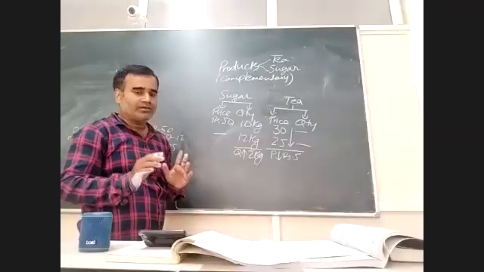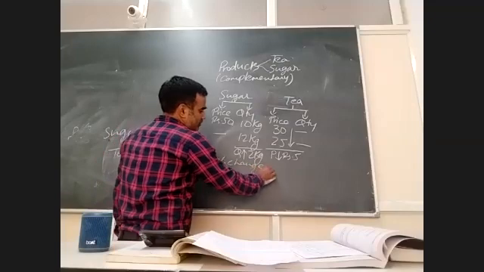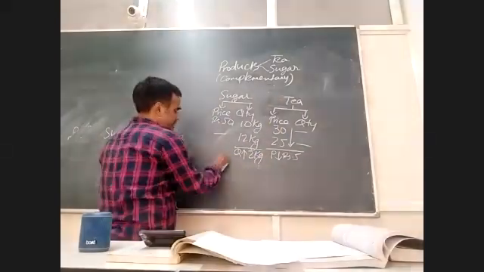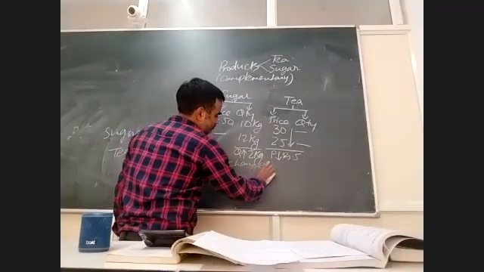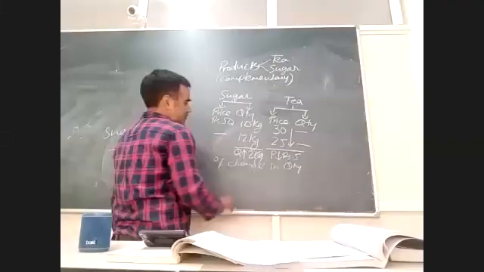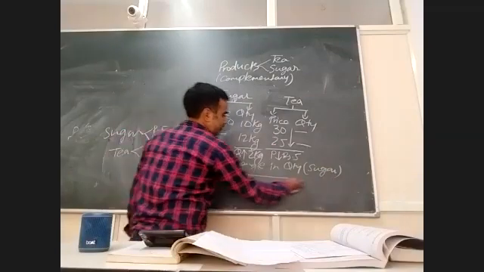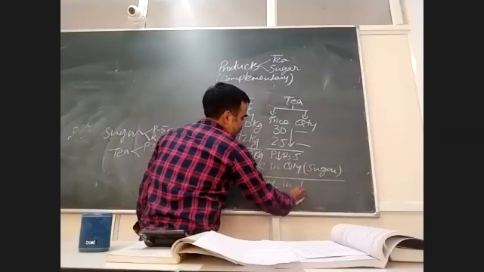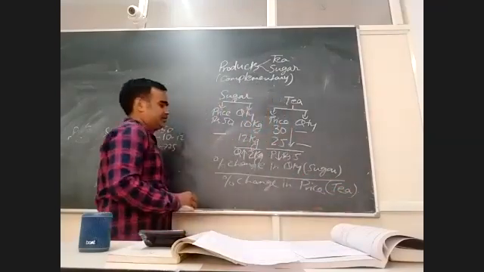So now cross elasticity. What formula will apply? Percentage change in quantity of sugar divided by percentage change in price of tea.